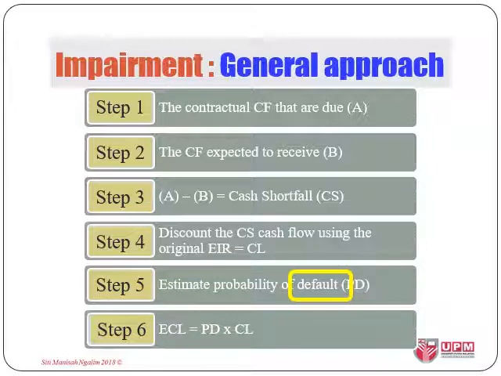However, the standard introduces a rebuttable presumption that default does not occur later than when a financial asset is 90 days past due, unless an entity has reasonable and supportable information to demonstrate that a more lagging default criterion is more appropriate.